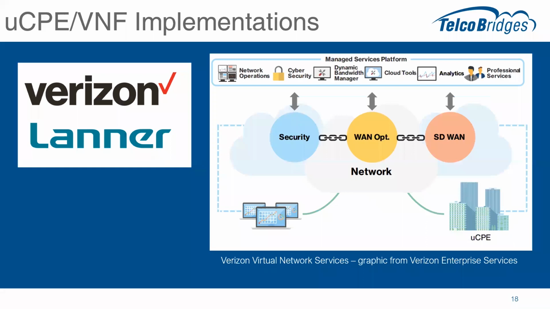And also Verizon just recently announced a relationship with Lanner to deliver their managed services on a VNF environment for their Verizon Enterprise Services. They call it the Verizon Virtual Network Services capability. And this is, again, delivering WAN optimization and SD-WAN functions to large enterprises for their branch offices.